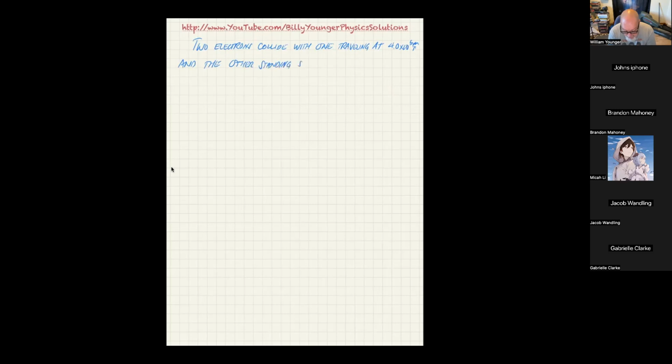Now, all this is subject to all sorts of debate from a quantum mechanical standpoint, but either way, we're just going to imagine one particle moving towards the other at 4.0 times 10 to the 5th meters per second, and the other one sitting perfectly still. The collision is elastic.